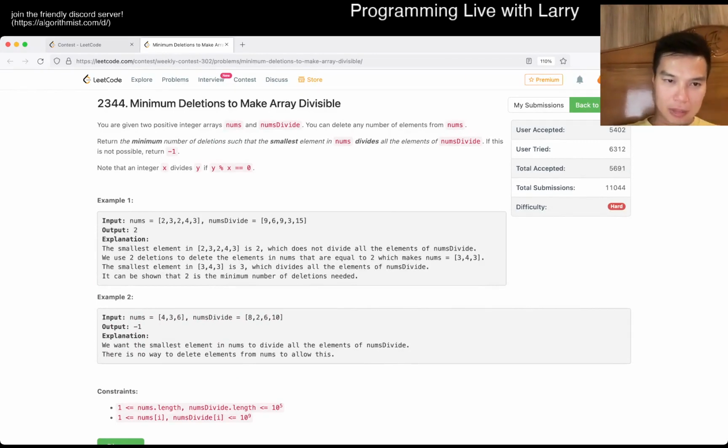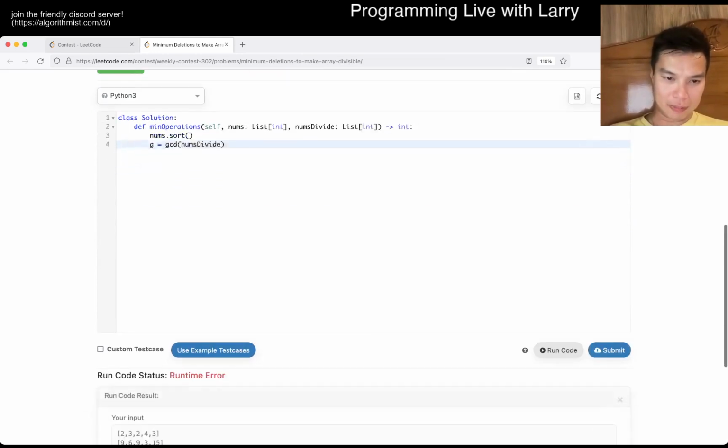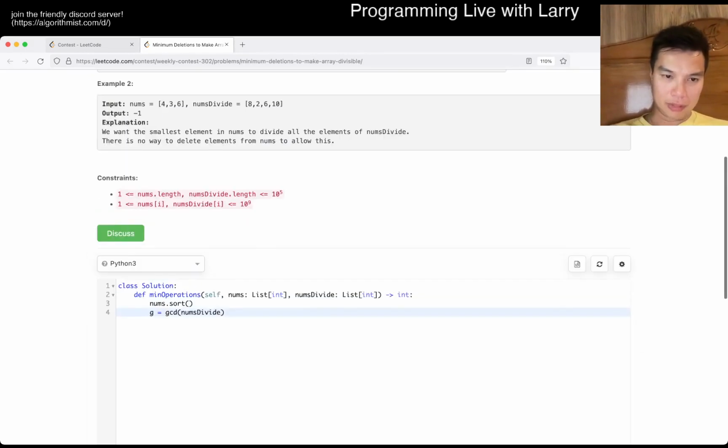First of all, I forget whether GCD takes an array in Python. Some languages it does, maybe not in this one. Nope. Okay, fine. Whatever. I forget how I write it.